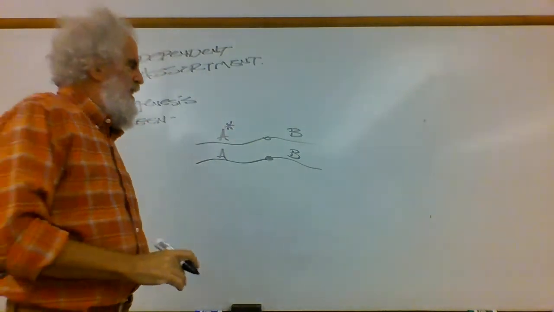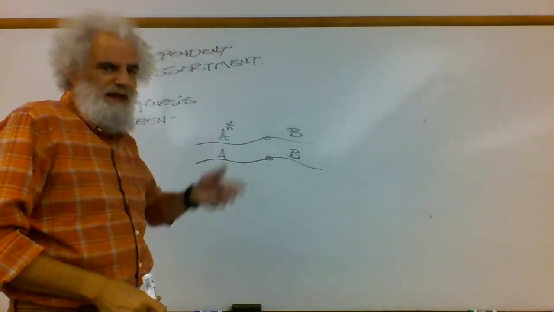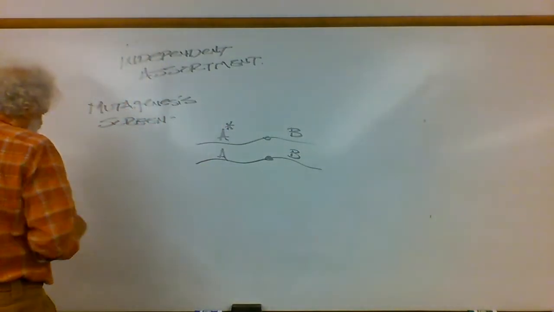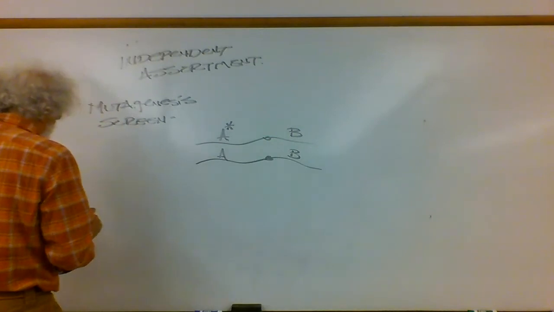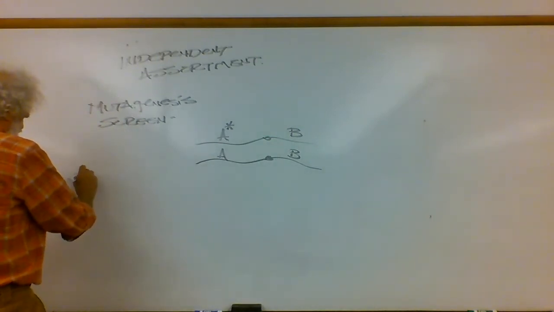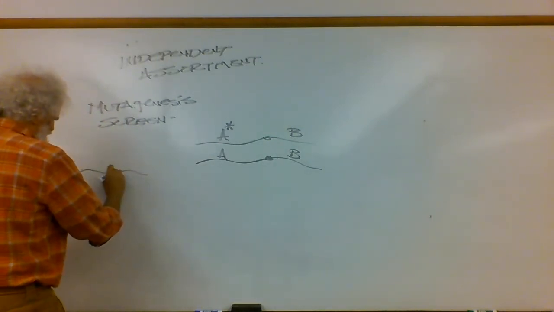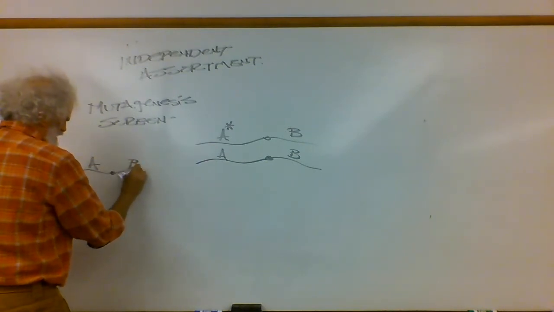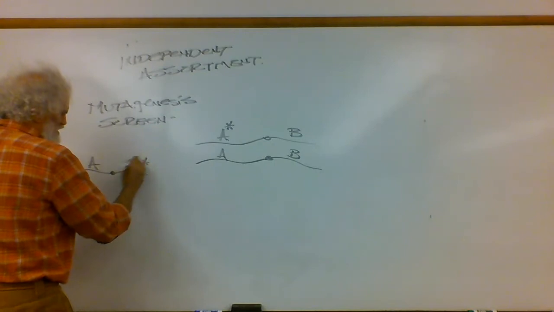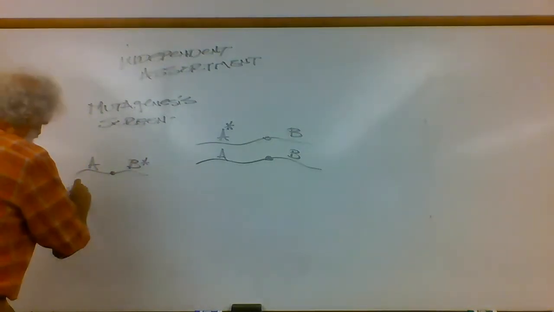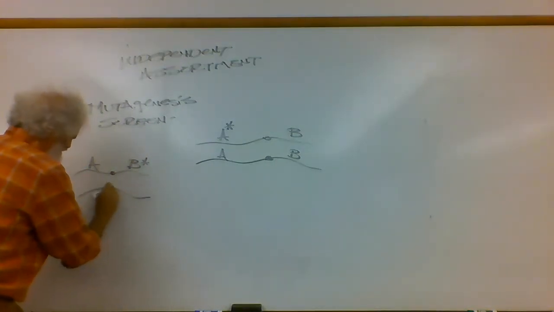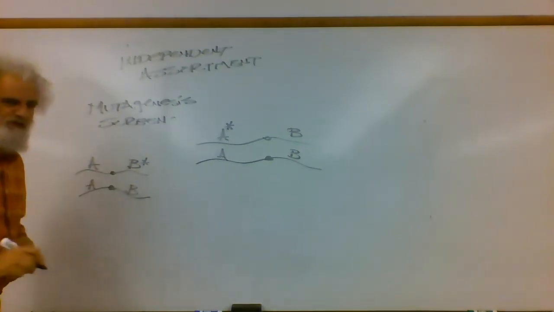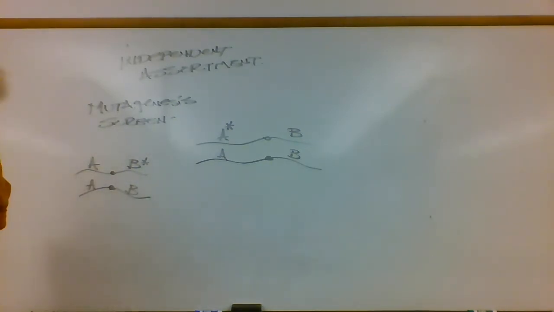Now, it produces lethality, and we want to look at another gene. Let's make it on the same chromosome. So we've got A and B, and we're going to make a mutation in B. And it's the same kind of recessive trait, so we carry it in a heterozygous state.